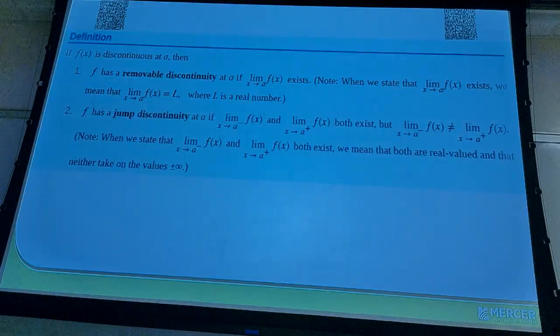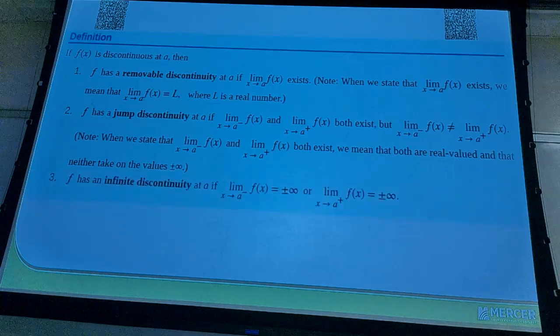Jump discontinuity, if the one-sided limits exist but are not equal. And infinite, obviously, if one of the one-sided limits is infinite.